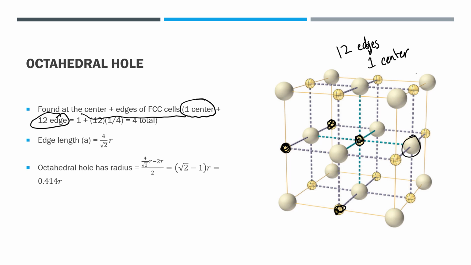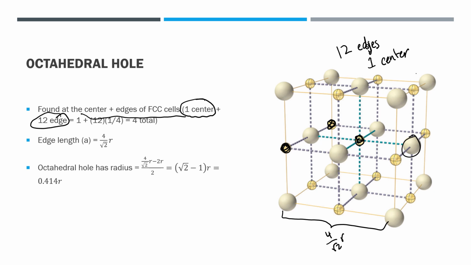Okay, so now how do we actually solve for the radius of these octahedral holes? Remember when we had FCC lattices that we said that this total edge length is equal to 4 over square root 2 r.